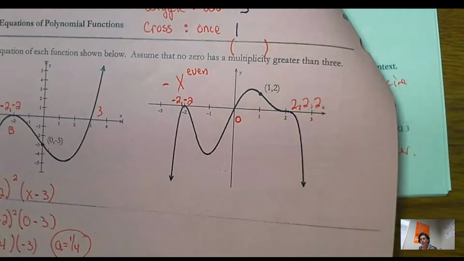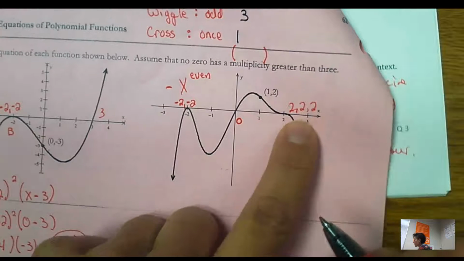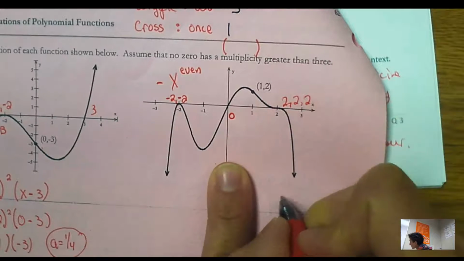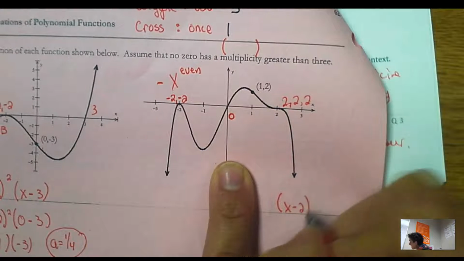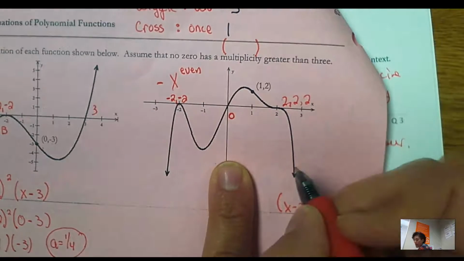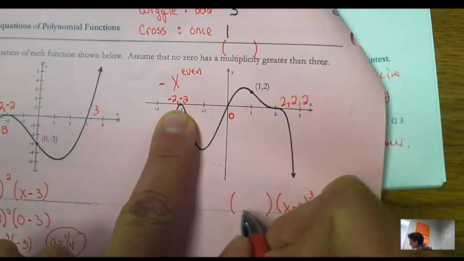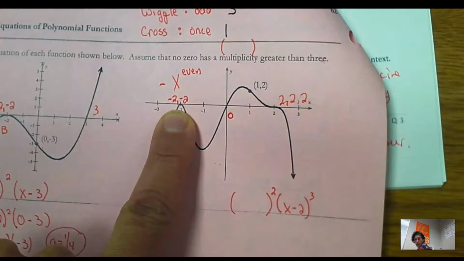And then they do give me some other point for now, which I'll be using. Working my way this way, the factor that would have given me 2 is an x minus 2. And this is an odd amount of times, so I'll put a 3, because again, I don't want bigger than 3. Now I'm going to do this one next. I have -2, so that meant there was a squared.